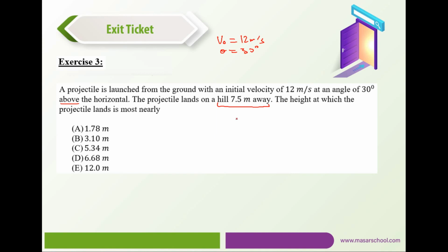Before I start proceeding with the solution, let's do a sketch. This is the x-axis and this is the y-axis. We have chosen the positive y direction to be up in order to make use of the equations of motion we have derived previously. We're launching the projectile with an initial velocity of 12 meters per second, making an angle of 30 degrees. So it will follow a parabolic path like this.